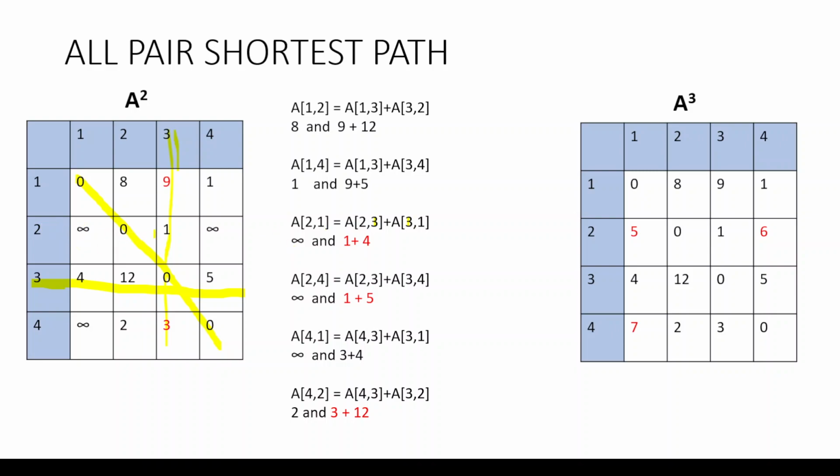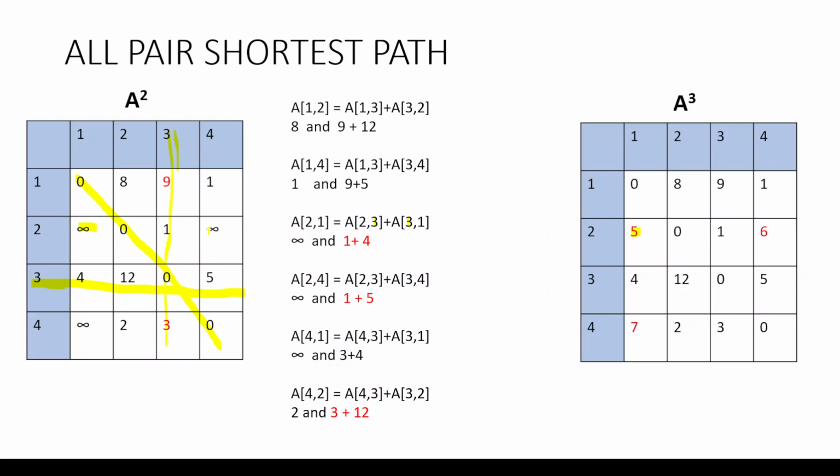A of 2 comma 3 is 1. A of 3 comma 1 is 4. Right? So infinity and 1 plus 4, which is smaller? 1 plus 4, that is 5, is smaller. So I need to replace this value, that is a of 2 comma 1, by the new value which I received, a shorter path, that is 5. So it has been replaced.